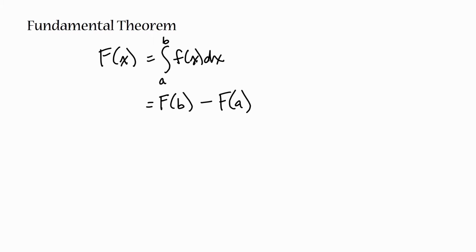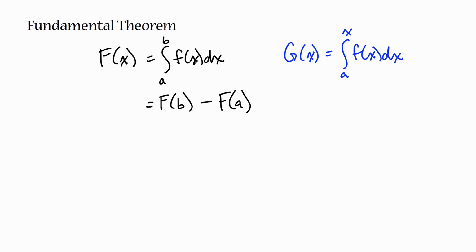Please prove that to me. So the proof of this second part of the fundamental theorem is actually quite simple. A simple proof of this comes from the fact that we can define another integral g of x, which is just the integral from a to x of f of x dx.